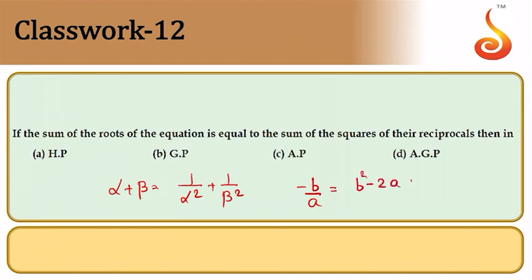So if we substitute the values, we get minus b by a is equal to b square minus 2ac by c square. So if we cross multiply and rearrange, we get ca square equal to ab square plus bc square by 2.